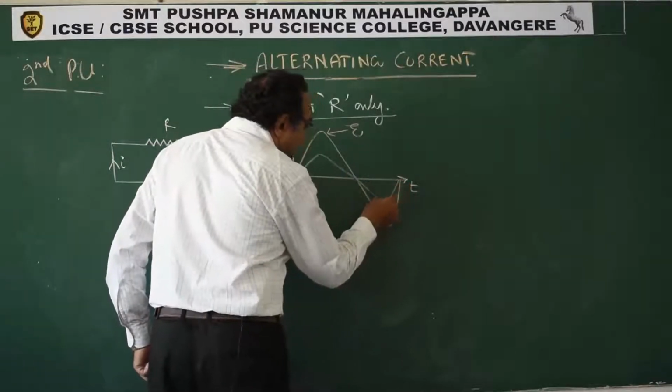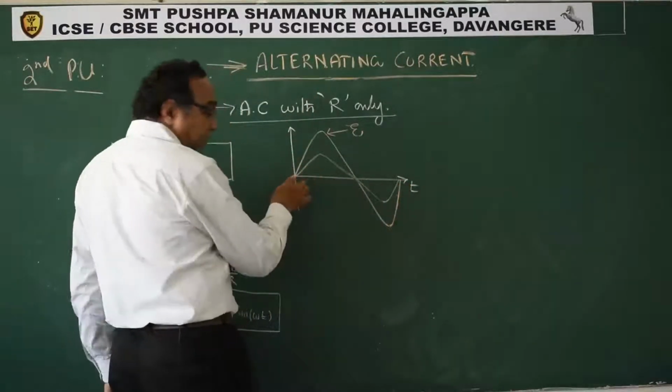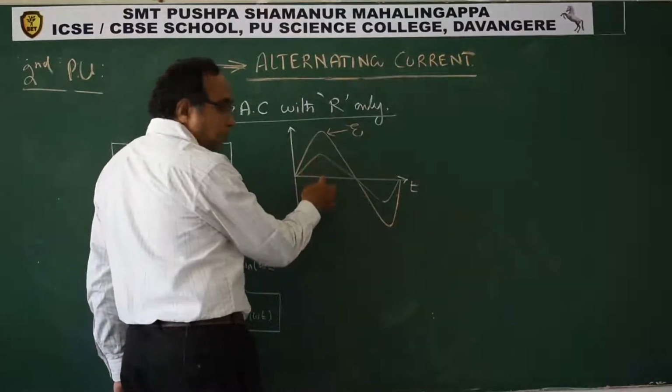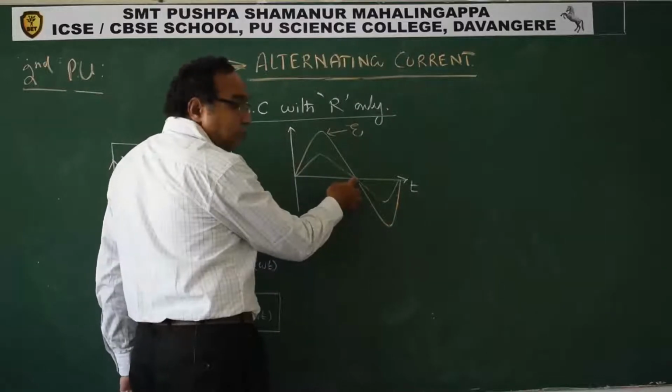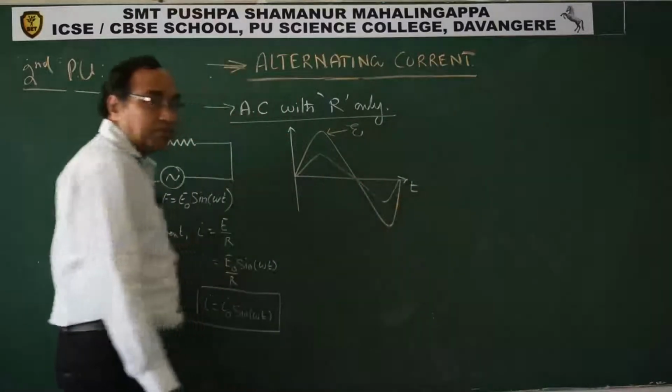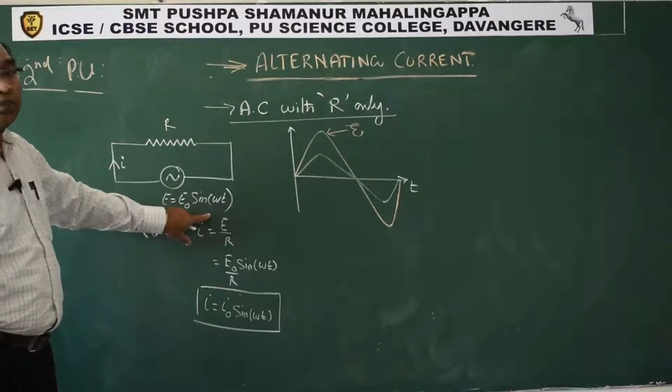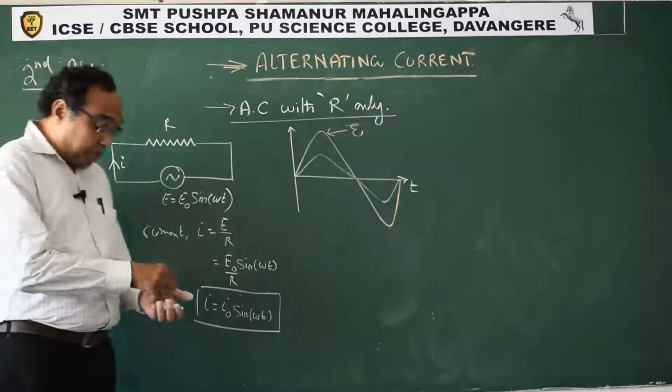Observe, both of them start at the same instant, t is 0. Both of them achieve maximum at the same instant and become 0. This is the meaning of the phase difference between the two being 0. This is one piece of information.